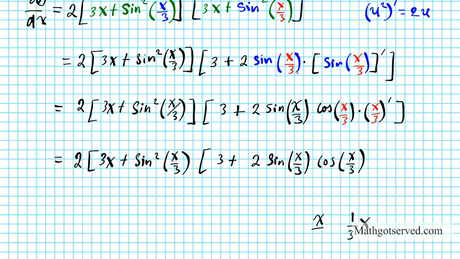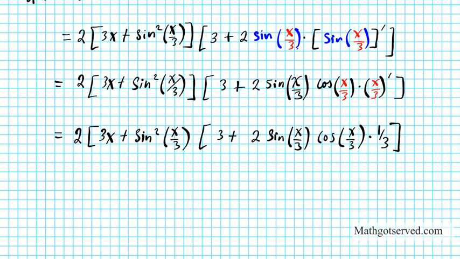X over 3 is equal to 1/3 x. If you differentiate this using the power rule, you're just gonna simply get 1/3, because this will become x to the 0 and it just goes away, so you're just left with 1/3. All right, so it's 1/3 x to the 0, which is just 1/3. Okay, so times 1/3. All right, you can see that everything is in black now, which means that we're done differentiating all the way into the innermost function from the outermost function.